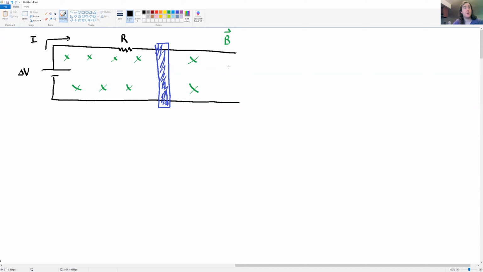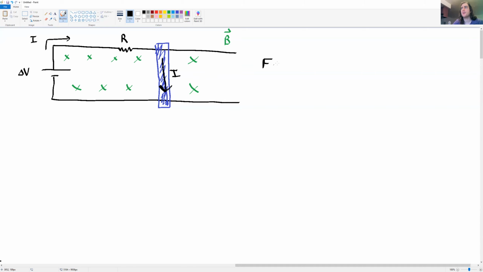In order to calculate the velocity, we have to be a little bit careful. If I drive the current like this, this thing becomes a current-carrying wire. So there's a current flowing in this thing like so.